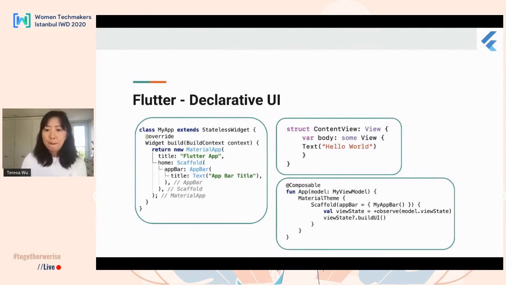But with Flutter, because the UI reflects the current state of the app, if the state changes, the UI will be redrawn from scratch. And because Flutter renders UI very fast, you won't feel the difference from the user's perspective.